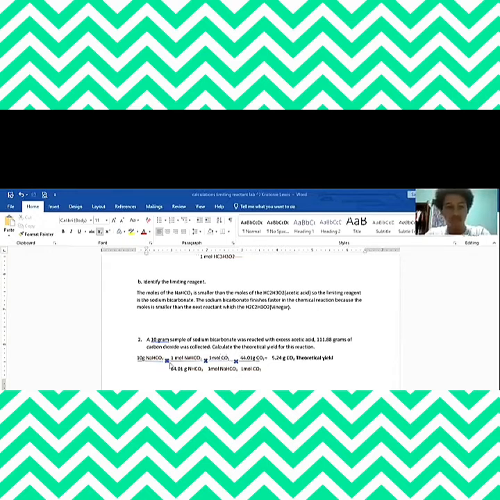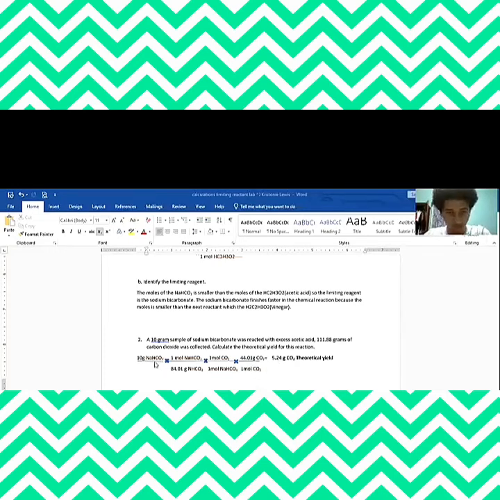First, we have to set up 10 grams of sodium bicarbonate times 1 mole of sodium bicarbonate over 84.01 grams of sodium bicarbonate, times 1 mole of carbon dioxide over 1 mole of sodium bicarbonate, times 44.01 grams of CO2 over 1 mole of CO2.